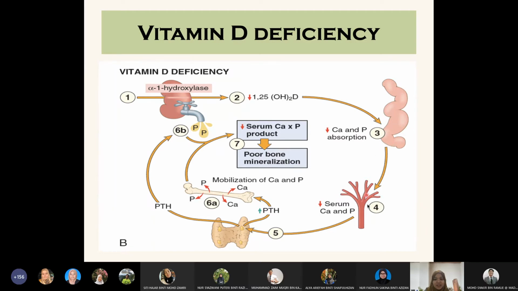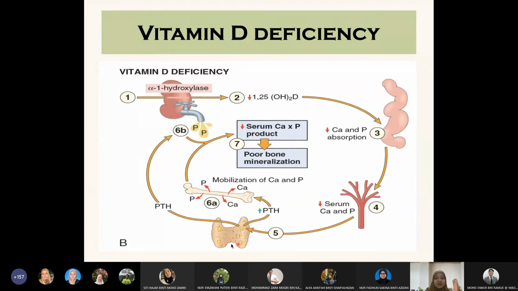So in the blood, there'll be reduced serum calcium and phosphate. So what happened when our body is having hypocalcemia, our body will tell a gland at the thyroid, which is called the parathyroid gland, to normalize the calcium. Okay, the role of the parathyroid gland is to normalize the calcium.